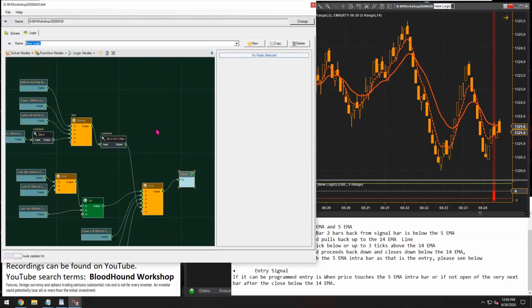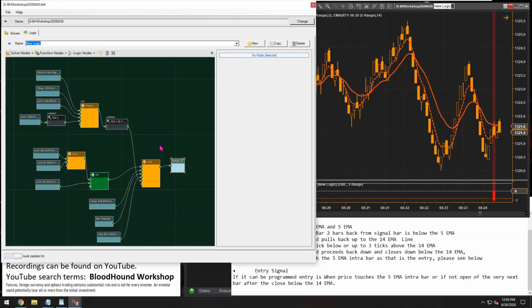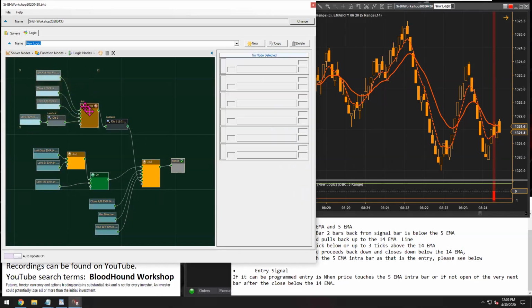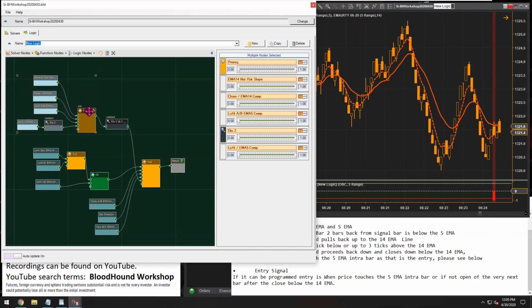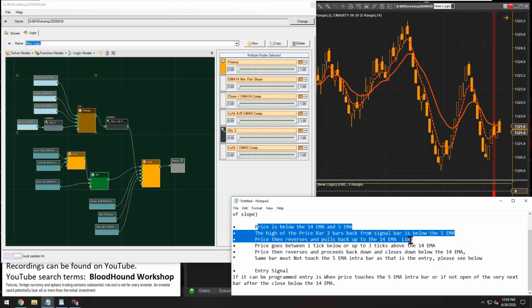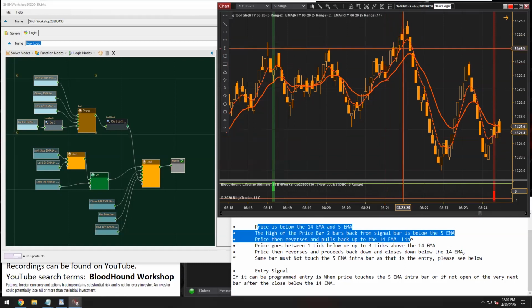So let's open this up and do a summary. We broke this into 2 main sections. This back here was our prerequisite: the first couple of rules laid the groundwork for our bars being separated from the EMA5 or EMA14 and EMA5.